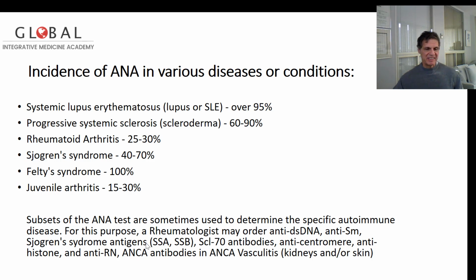And there are subsets of these anti-nuclear antibody tests that are sometimes used to determine a specific autoimmune disease. So rheumatologists may order an anti-dsDNA or an anti-Sjogren's syndrome antigens. There's different types of these autoantibodies that are found. So for instance, there's the ANCA antibodies that are found in ANCA vasculitis.